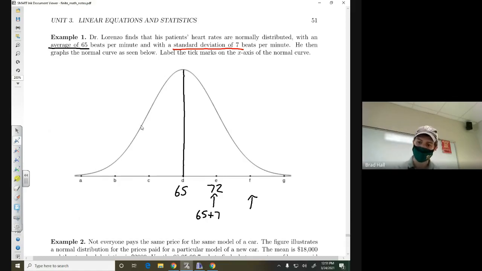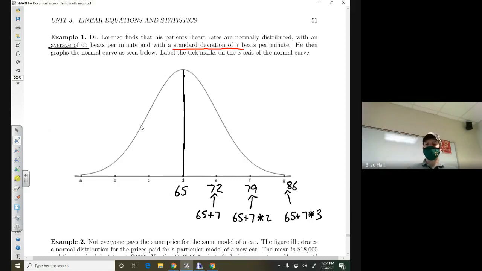It's 79 because we're now 2 standard deviations above. So same thing as before, but times 2. So that's 79. And I'm guessing you can see what the last one is: 65 plus 7 times 3, because 3 standard deviations above. And that seems to be, yes, 86.